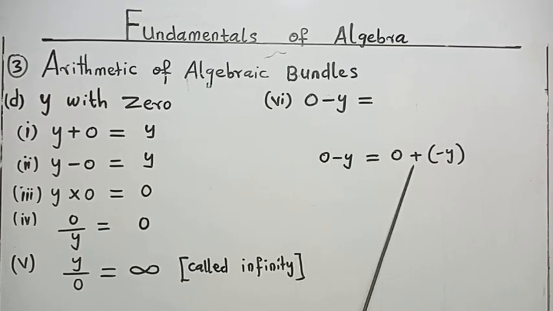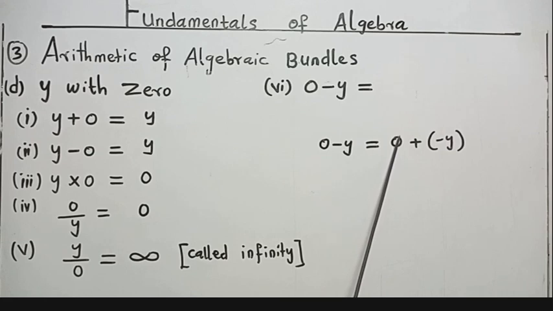With this, we can begin to tell what the answer will be. Don't forget that y stands for any number which is not 0 in this case. 0 plus minus y means I have nothing, but I'm owing somebody y. Join the two of them.